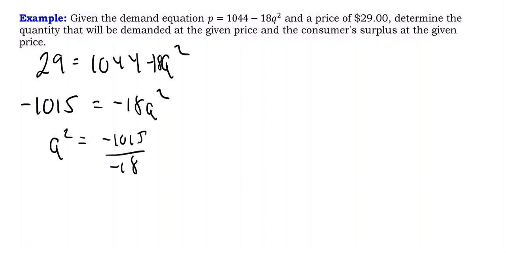And when we take the square root of that, and these negatives will cancel out, the square root of 1015 divided by 18 ends up being approximately 7.5.